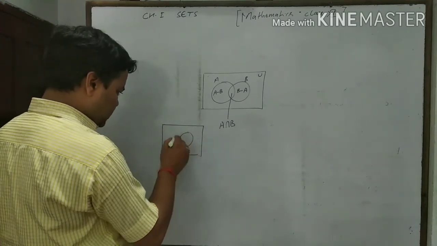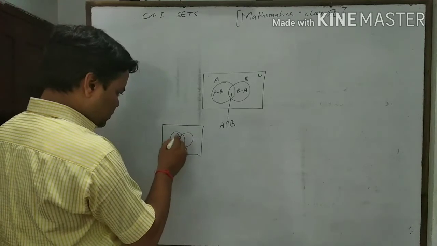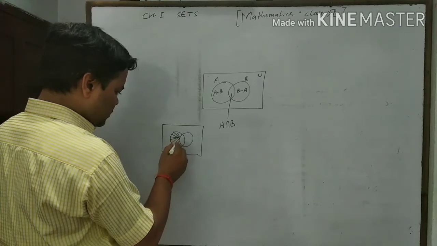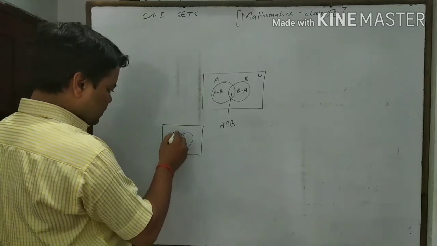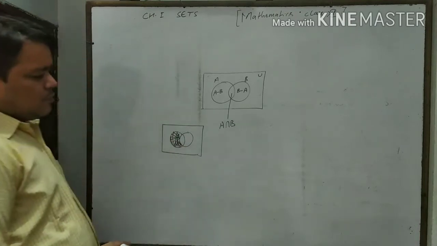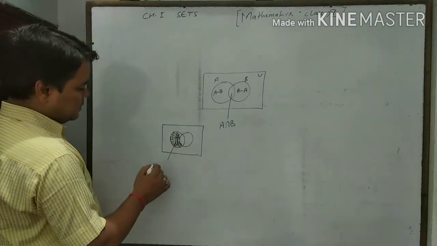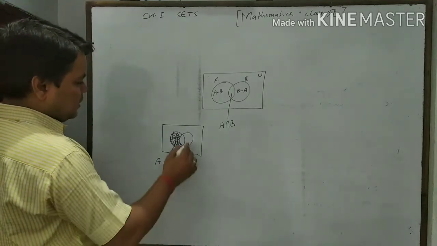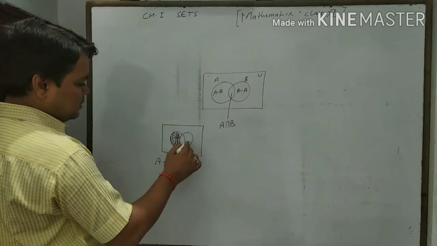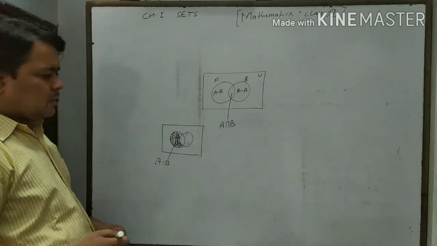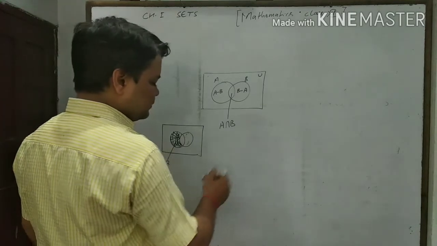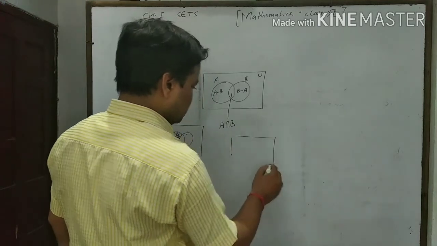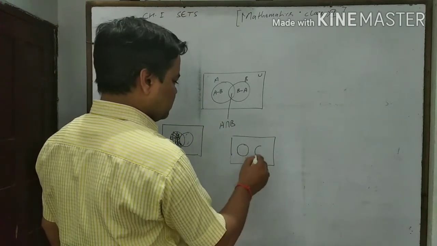There are two sets, set A and set B. This part is A minus B, and this part is B minus A. If we have two sets which are disjoint, meaning no element is common, they are represented like this.